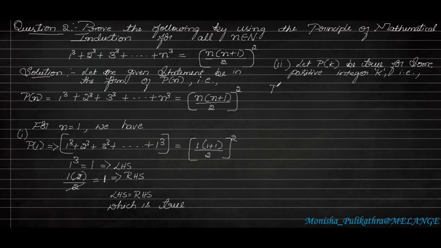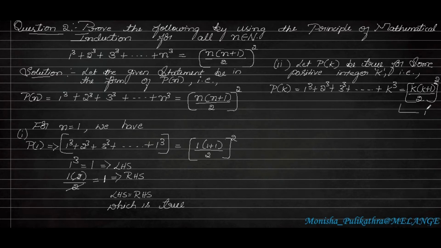So the equation will become p of k is equal to 1 cube plus 2 cube plus 3 cube plus etc., up to k cube, which equals (k into k plus 1, divided by 2) whole square. So in the place of n, we substitute k. This will be the equation.